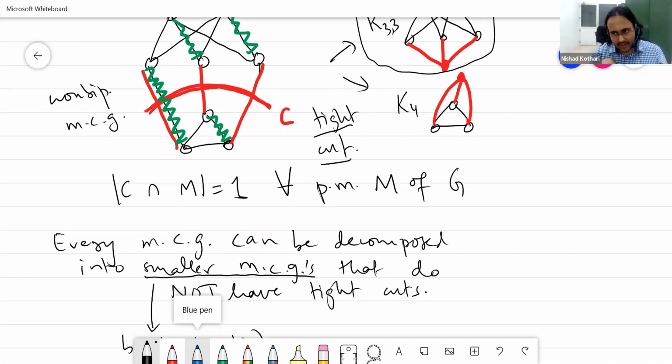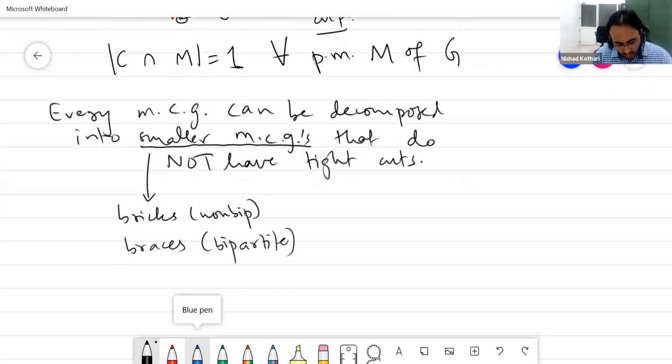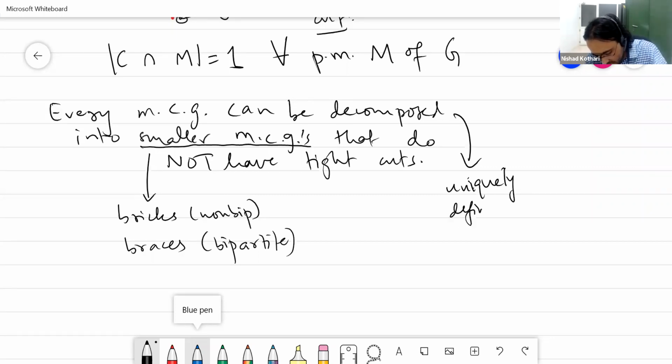So the list of graphs that I get will be the same as the list that Tanya gets. Okay. So this decomposition is uniquely defined in the sense that the result is unique. And this was proved by Lovász in 87.